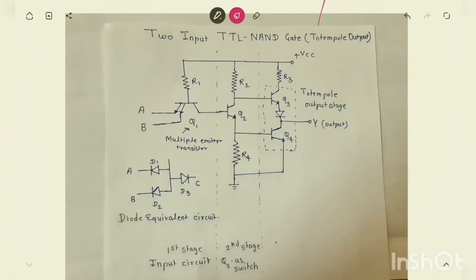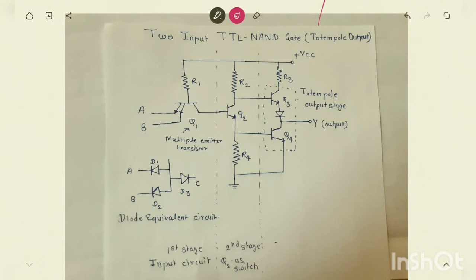We are going to study the 2 input TTL NAND gate with totem pole output. In this circuit, the input stage is a multiple emitter transistor. The second stage is Q2, which acts as a switch.